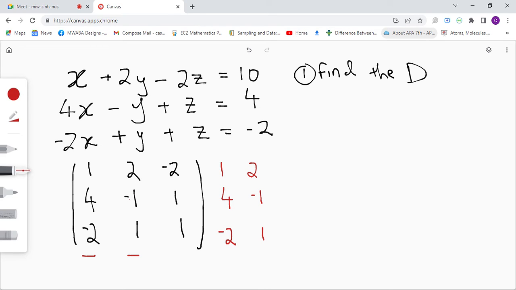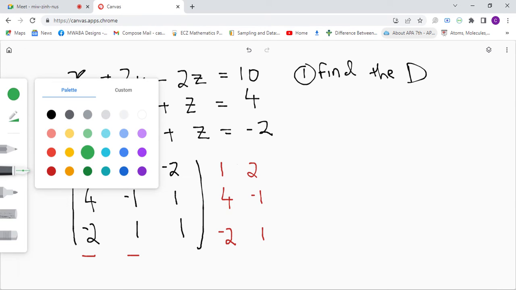We'll be multiplying the numbers diagonally so that we can get the determinant of this matrix. Let me show what we're going to do.